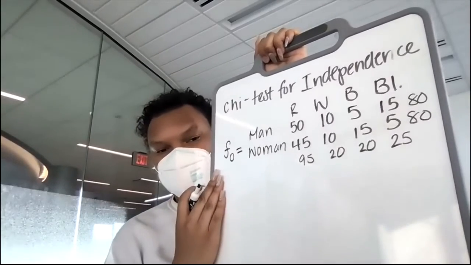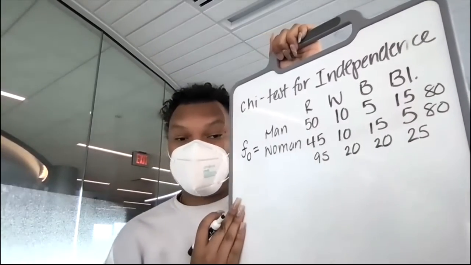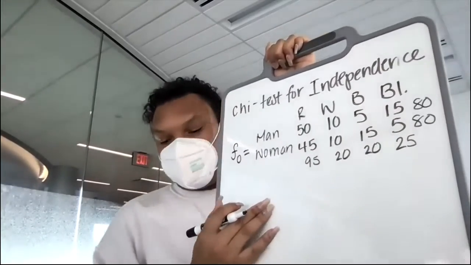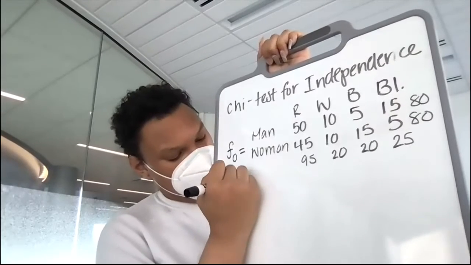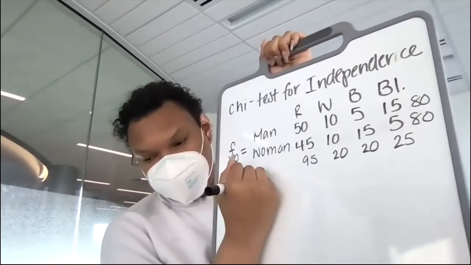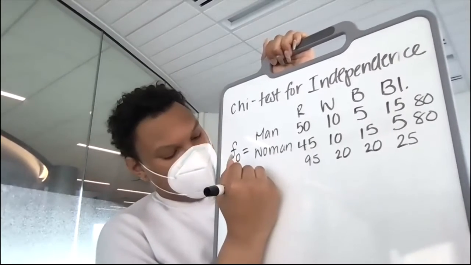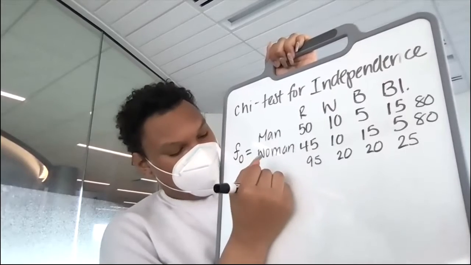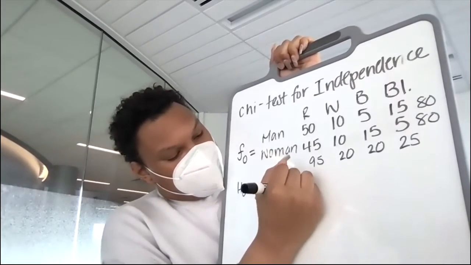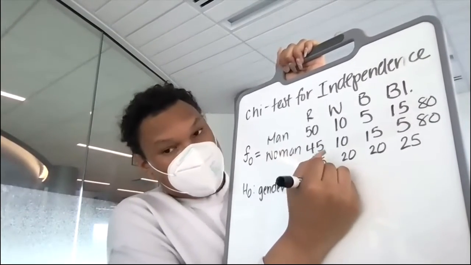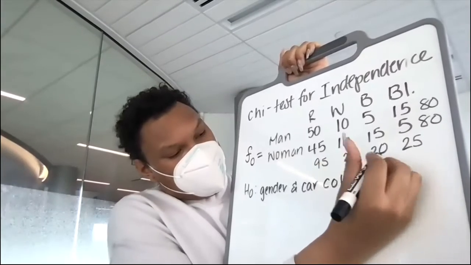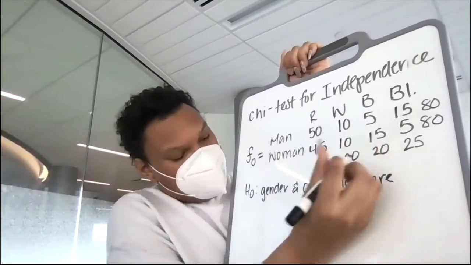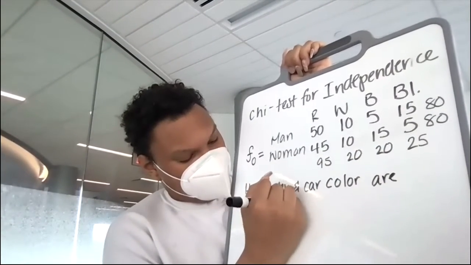Now that we have this data, we can begin stating our hypothesis. The null hypothesis is H sub 0: the variables gender and car color are independent.